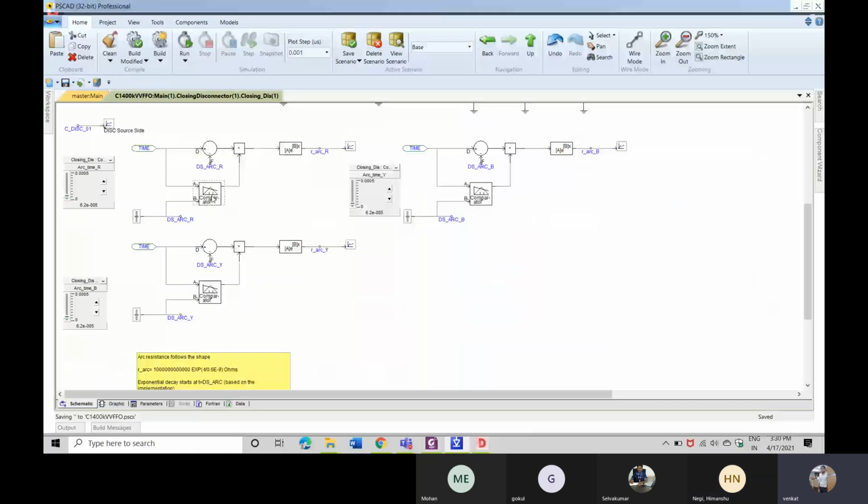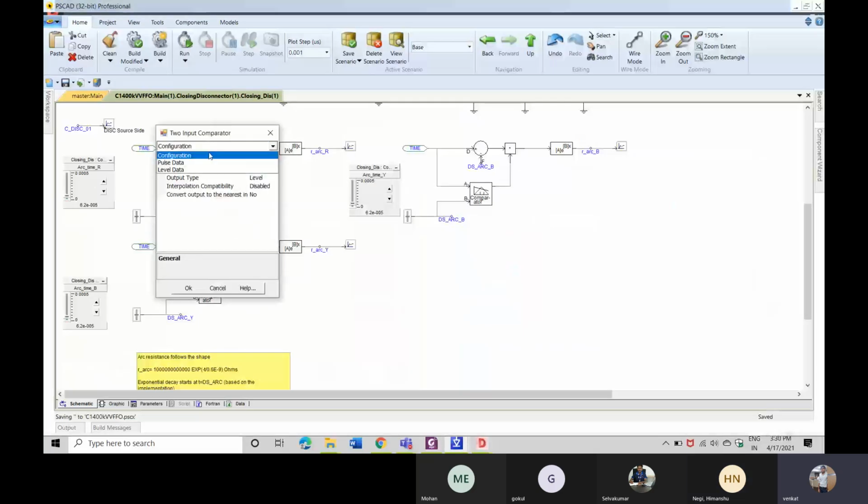Then my comparator will compare these two values. I have created a comparator where I have put the output type as level. We have two types here, and I have used the level type.